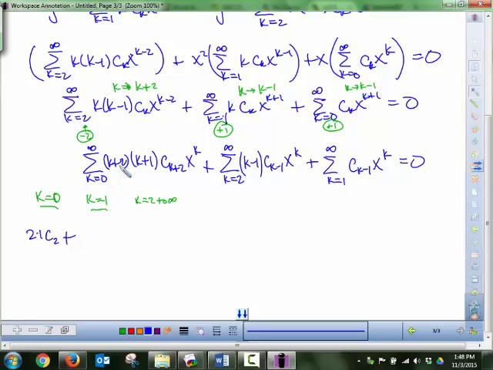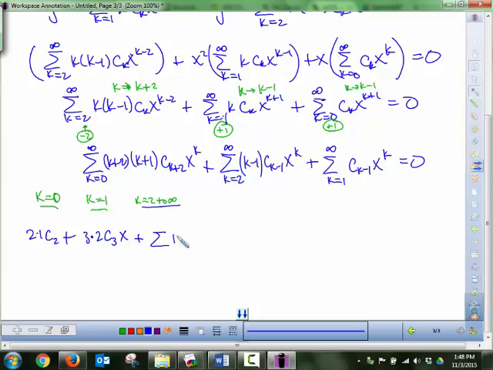When k is equal to 1, that's the second term for the sum. When k is equal to 1, I have 3 times 2 times c sub 3, since k is equal to 1 gives a subscript of 3, and x to the first power. And then I can take care of the rest of the stuff.